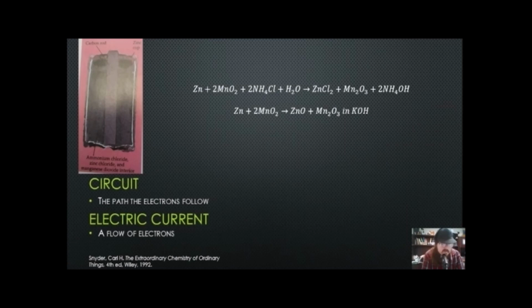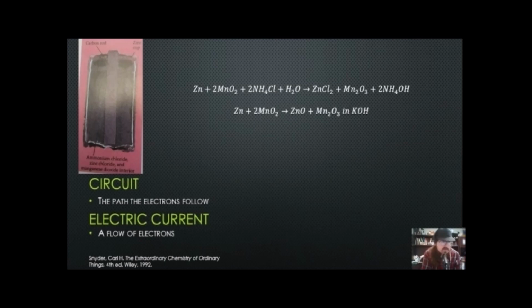So now the zinc carbon dry cell is what the book starts by talking about. We won't talk about that as much, but it's a version of the Leclanche cell. It's not the best cell. It uses zinc and manganese dioxide and an ammonium chloride electrolyte, and the zinc turns to zinc chloride, and the manganese dioxide, essentially manganese 4 oxide, turns to manganese 3 oxide, and we form ammonium hydroxide.